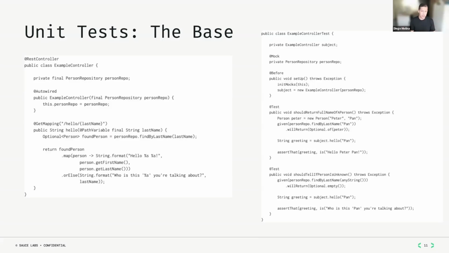If it doesn't, then it replies, who is this? So there are the patterns: you have the arrange, with the different data that is going to be used, you have the act, where you're actually invoking the code. And after that, this is the actual code that does that.